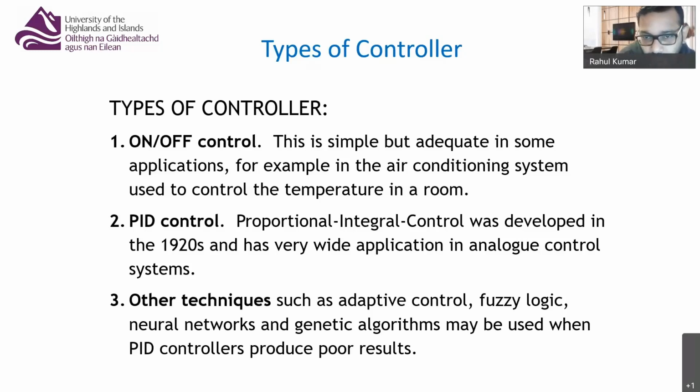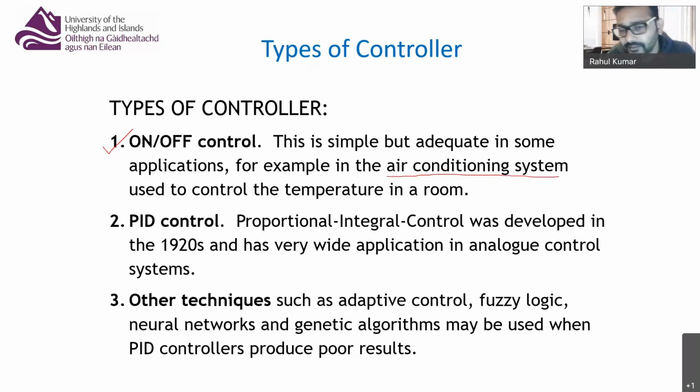The first type of controller that we are going to discuss in today's class is the on and off controller. This controller is the simplest, and it is used in controlling the temperature of a room, something like a heating system or an air conditioning system.